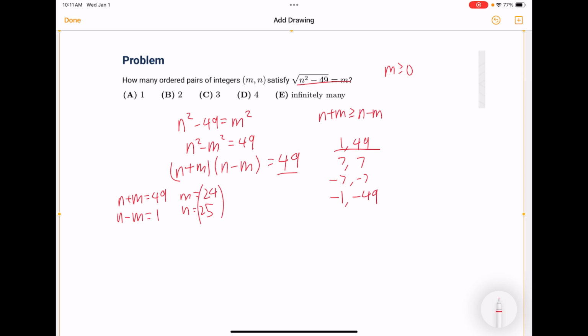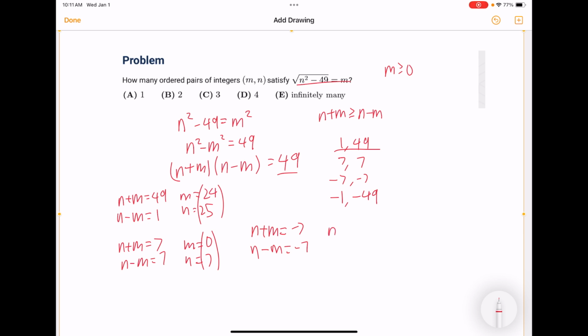And then we get n plus m is equal to 7, n minus m is equal to 7. So m would be 0, n would be 7. And that's another one. And then n plus m is equal to negative 7, n minus m is equal to negative 7.